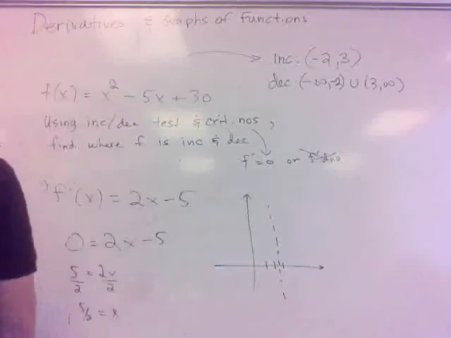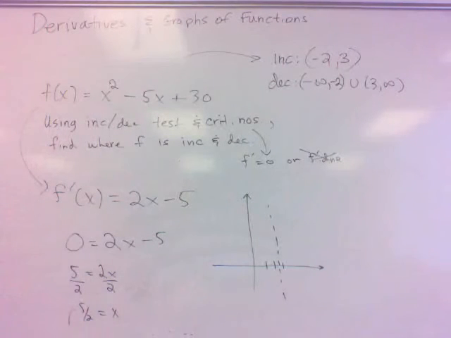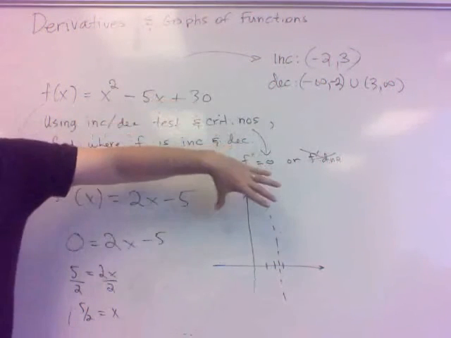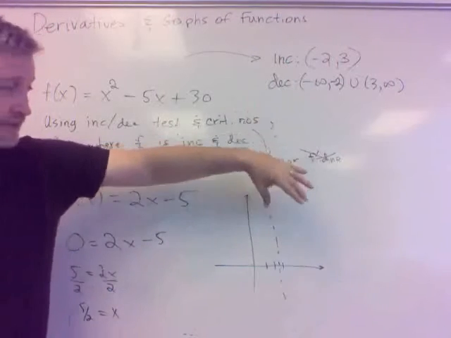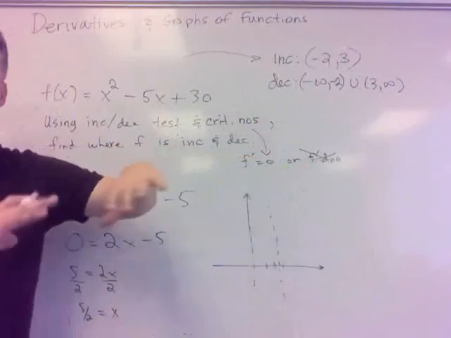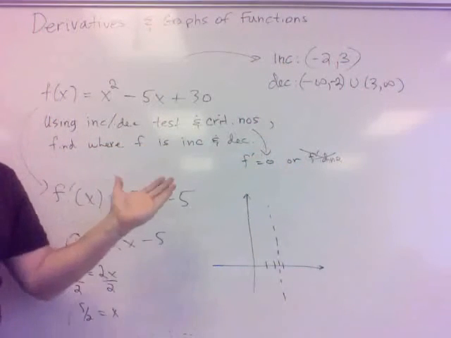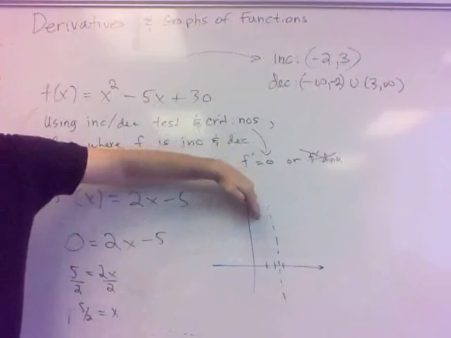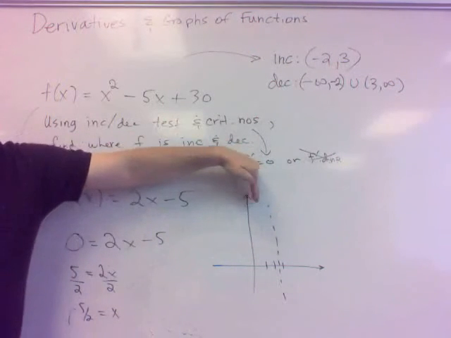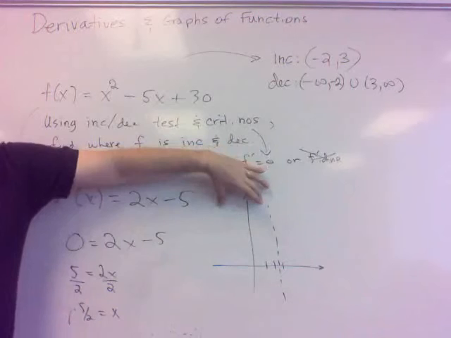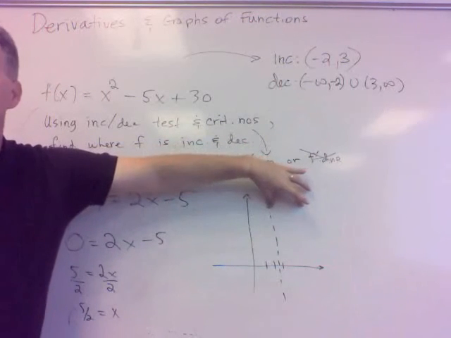I'm going to break up the graph into those parts, because what we saw was on one side it's increasing or it's decreasing, and then on the other side it's either increasing or decreasing all the way through, right? It's not going to be increasing on part of this over here and then decreasing. The critical number divides it up.